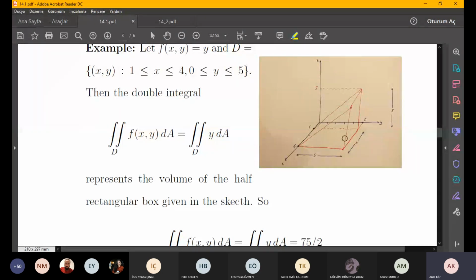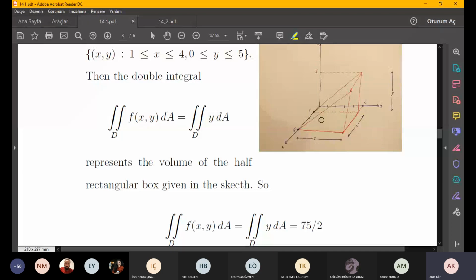So this is the sketch of the solid, which represents the volume under z equals y and above D.